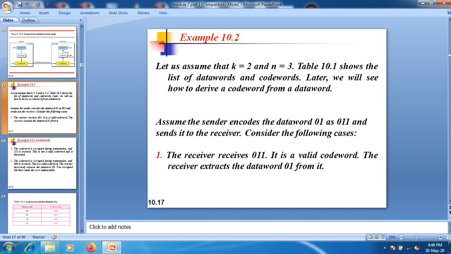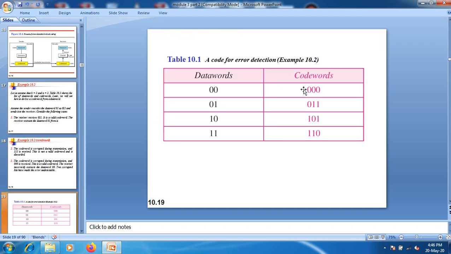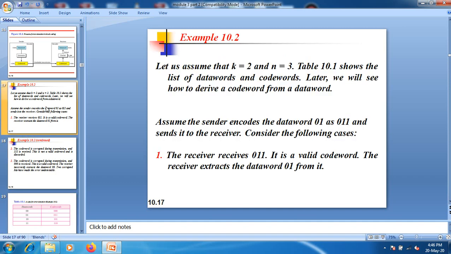In this particular case, the receiver receives 011. It is a valid code word because the receiver checks this information with the list of valid code words, and 011 matches the code word that is present here. For that purpose, it came to know that it is a valid code word and it extracts 01 from it.